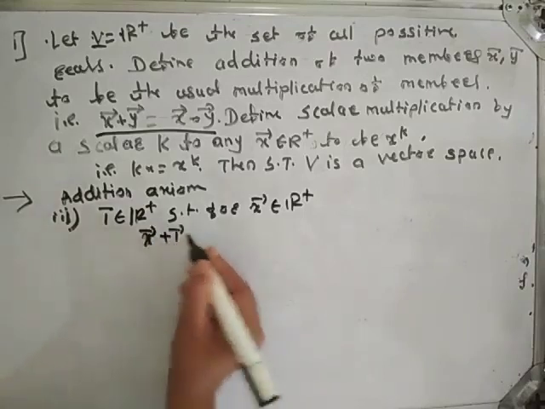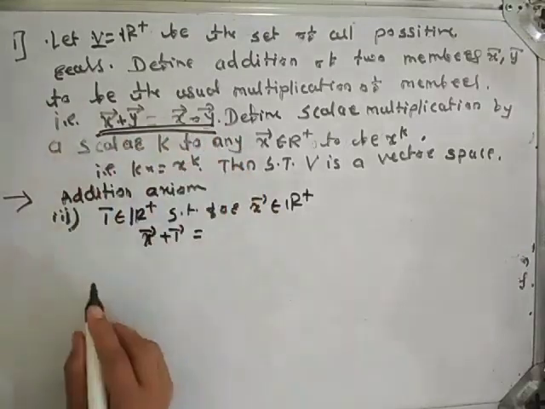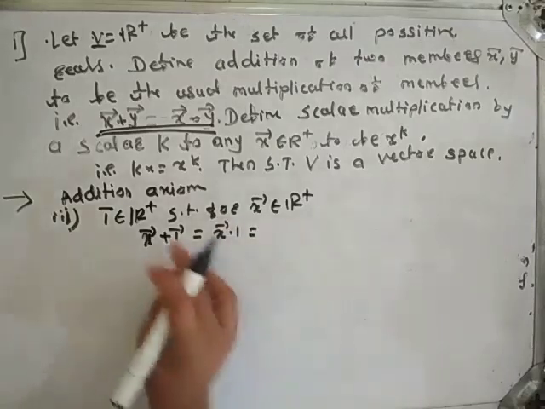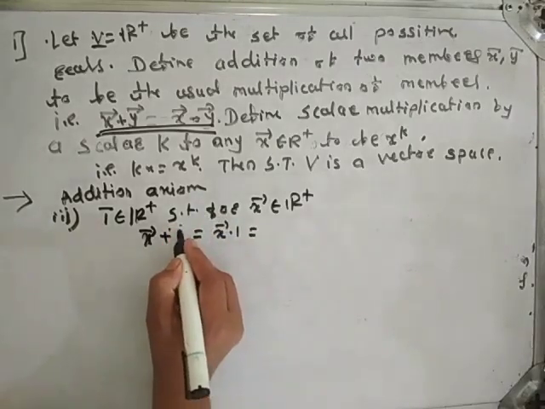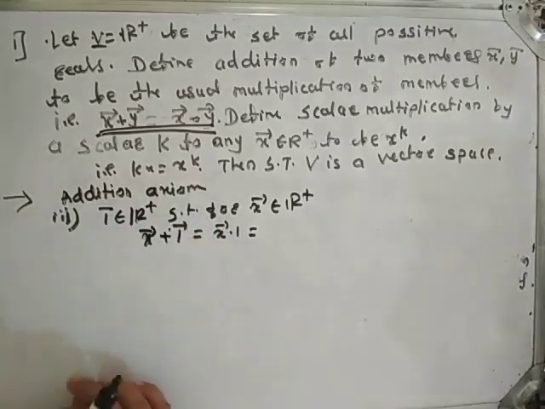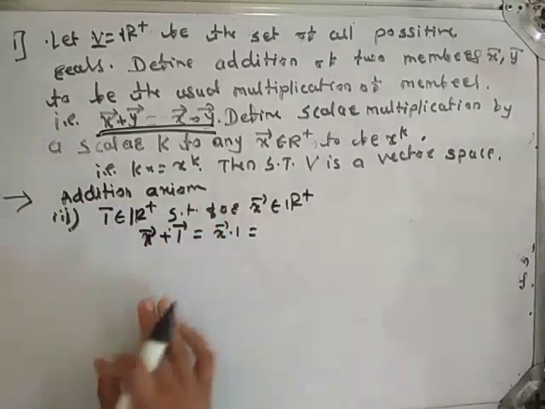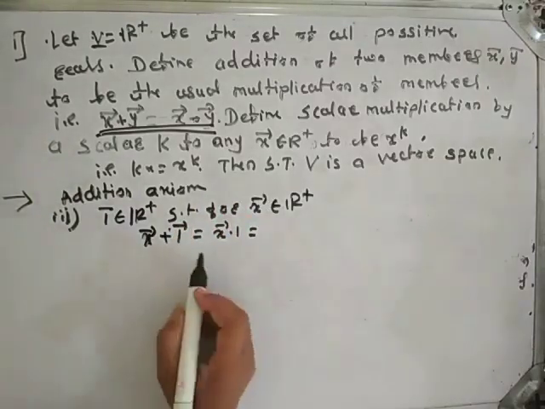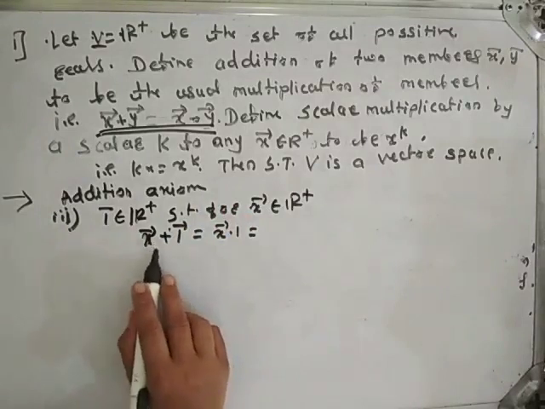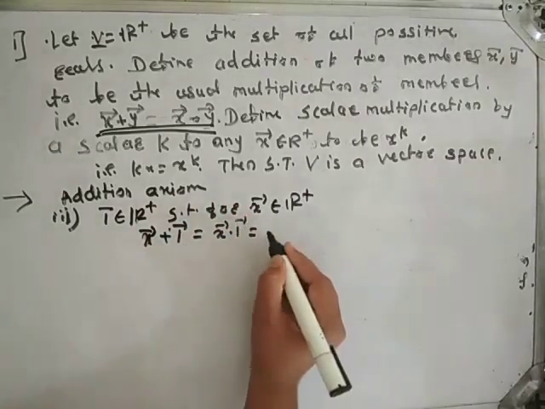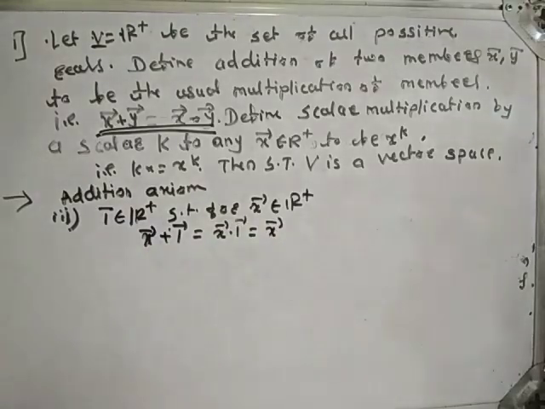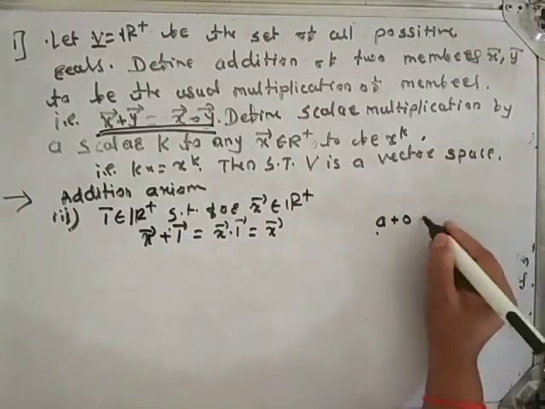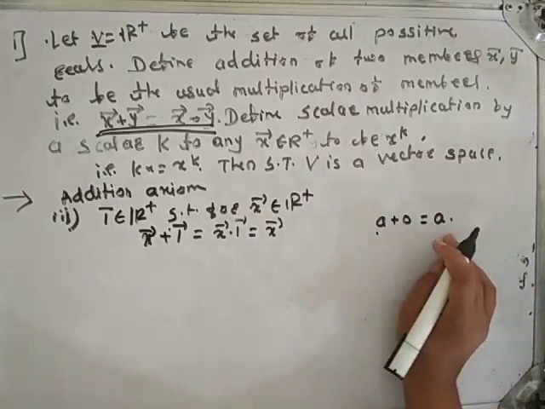x bar plus 1 bar is equal to x bar into 1. Sorry, here we have to find the zero vector, that's why here it is 1 bar. Don't consider this one as a real number. So see here, x bar plus 1 bar is x bar into 1 bar, which is nothing but x bar. Zero vector means if the zero vector is added to any vector, we get that vector itself.